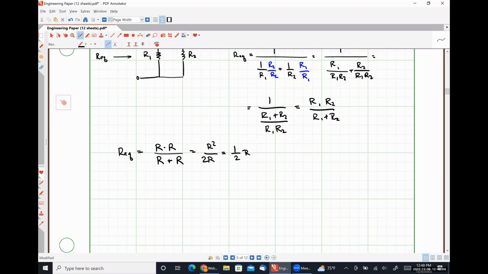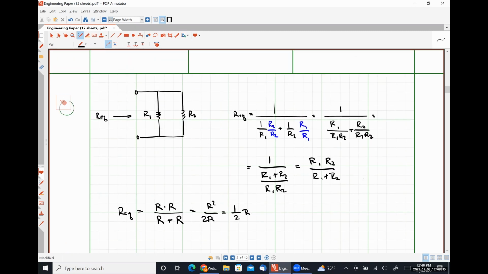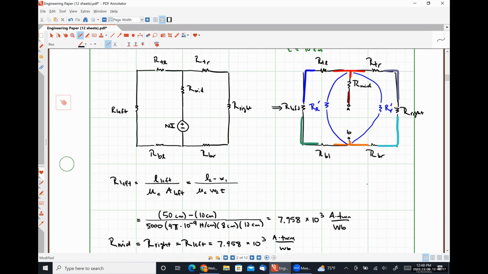So putting all of that together, what should our equivalent reluctance be for this structure that we see here? It should be R middle plus 1/2 the reluctance of one of the legs.